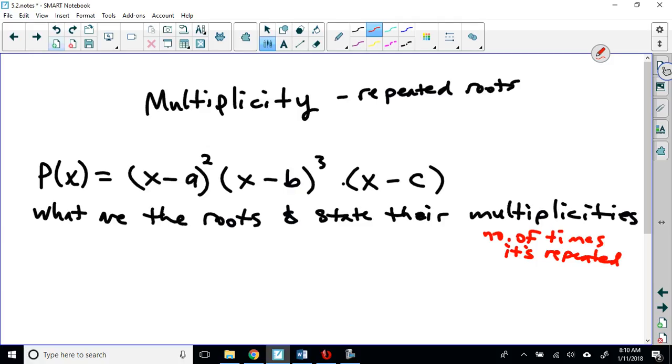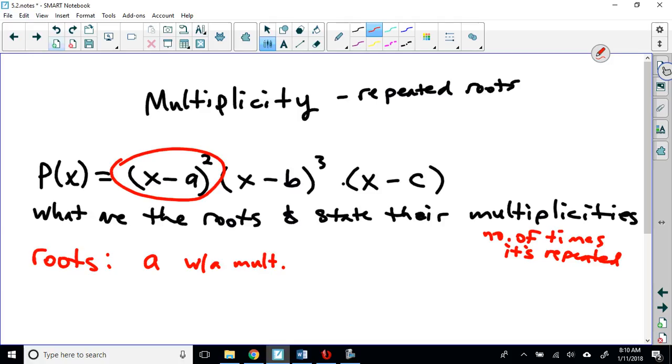So if we look at this example, p of x equals x minus a squared times x minus b cubed times x minus c. This factor tells us that one of our roots is a, with a multiplicity of however many times the zero repeats.